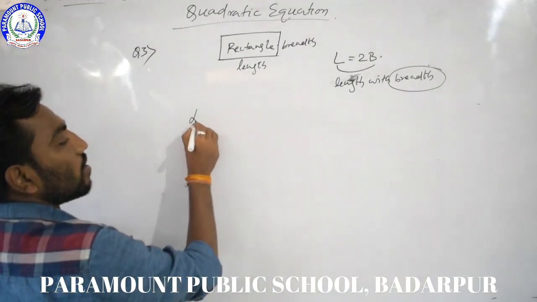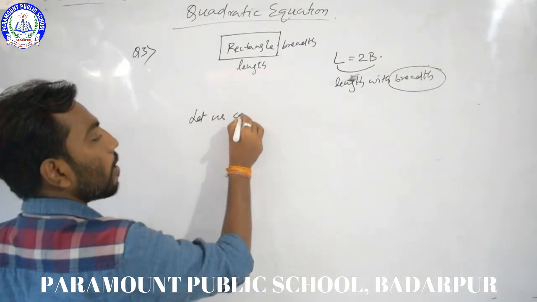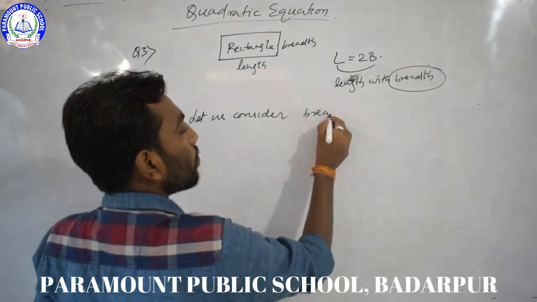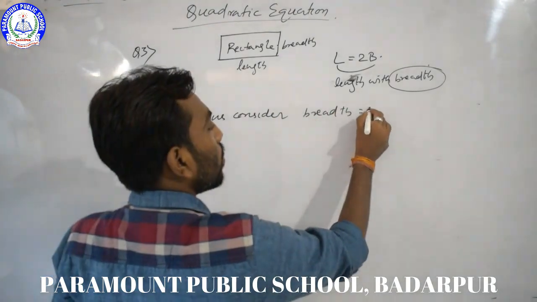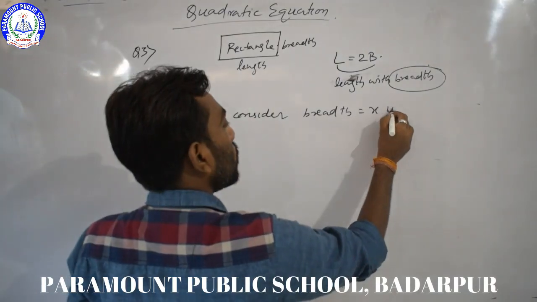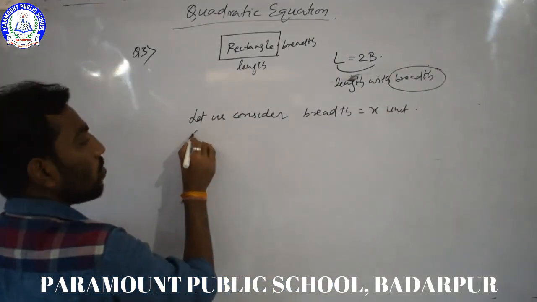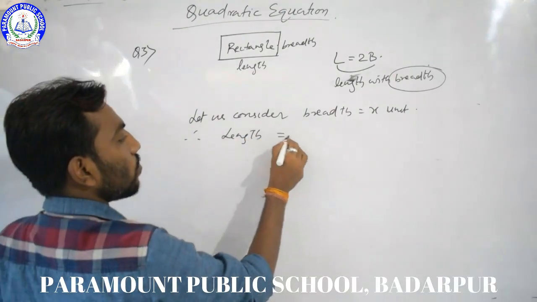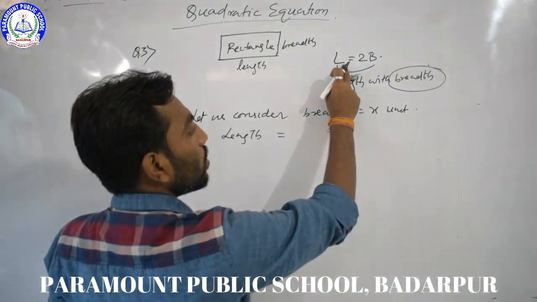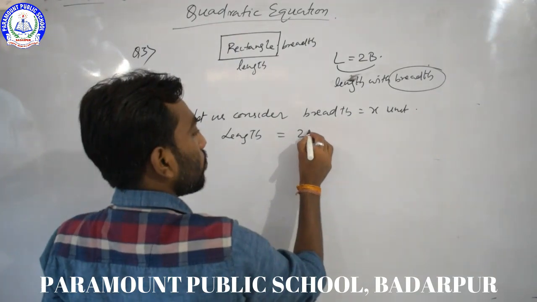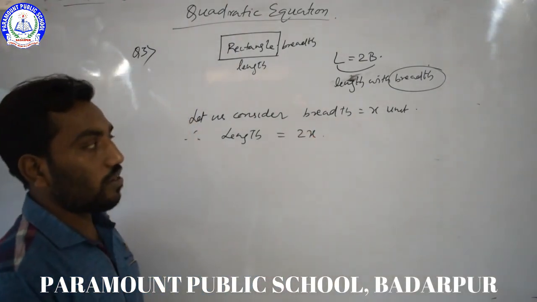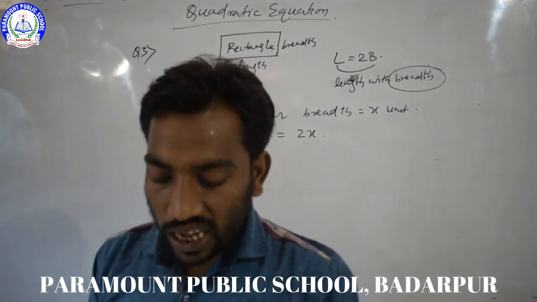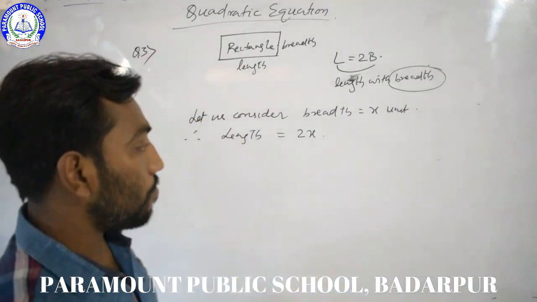So let us consider breadth equal to x unit. So our length is nothing but twice the breadth, means 2 into x. Now they are telling the area is 800 meter square.